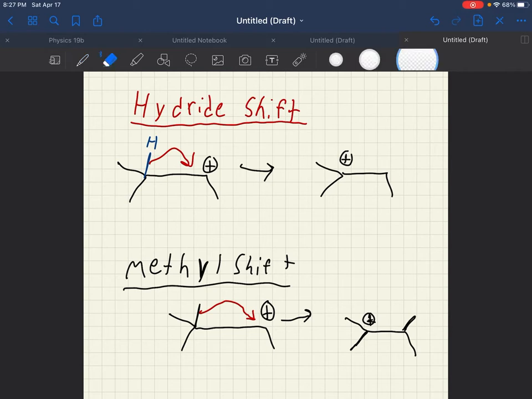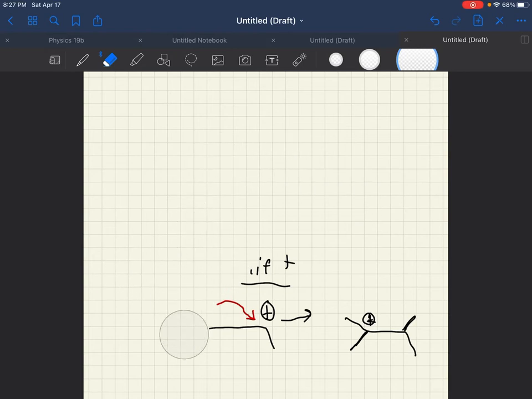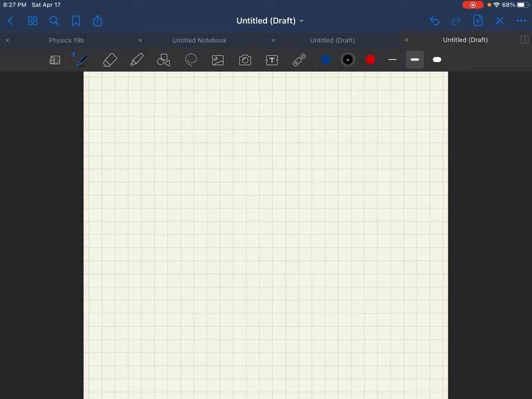So let's use an actual reaction occurring with this. Let's say we have Br, and let's just say Br leaves. That would give us a secondary carbocation.